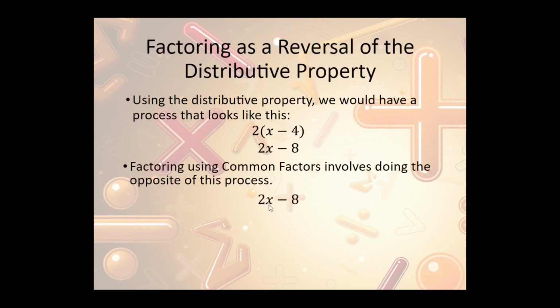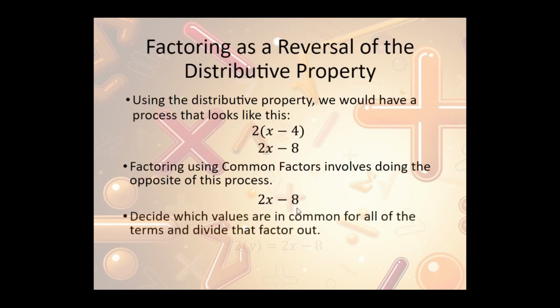Well, we know that 2x is divisible by 2 and negative 8 is divisible by 2. So I can pull that out and I end up with 2 times x minus 4. So really it's the same thing. I just divided each of them by 2 and put that outside. So factoring in this way is exactly the opposite of the distributive property.